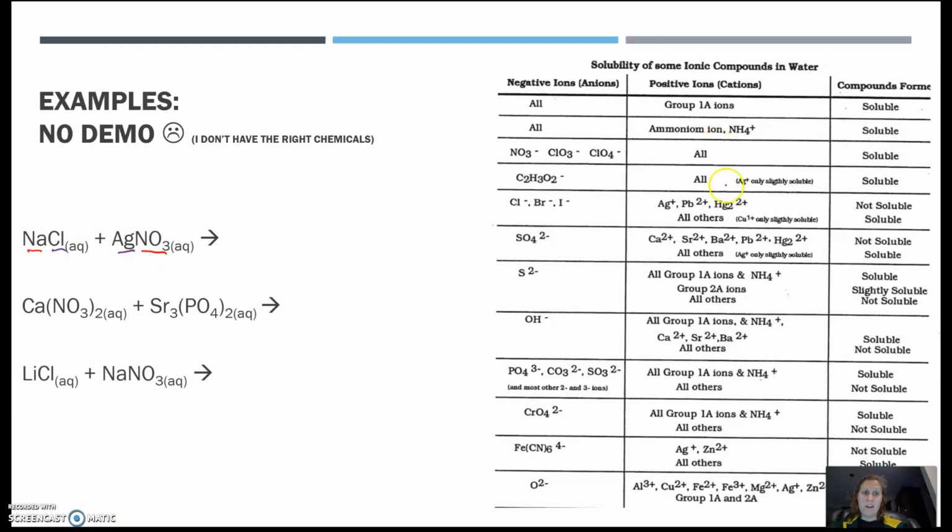So you can't go over here and look. NO3 with everything is not going to be the solid. So most likely it'll be the Cl with Ag. Look, not soluble, so that's our solid. These are still AQ, so that's going to react. So the formula is AgCl, and it doesn't matter what order you put these in, plus NaNO3. This is the solid, this is the AQ.